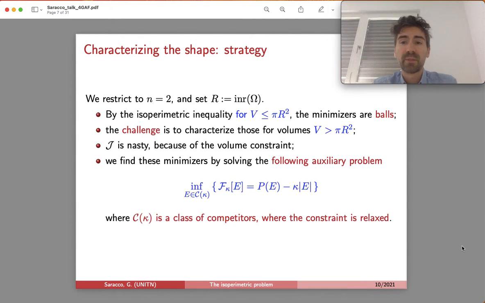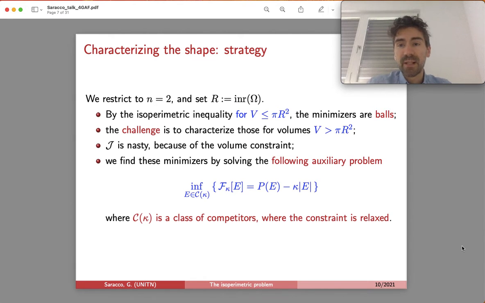So the auxiliary problem is going to be this one. We're going to fix some positive constant kappa, and we look at the following energy now. You will have perimeter of E minus some volume term, which is minus kappa times the volume of E.